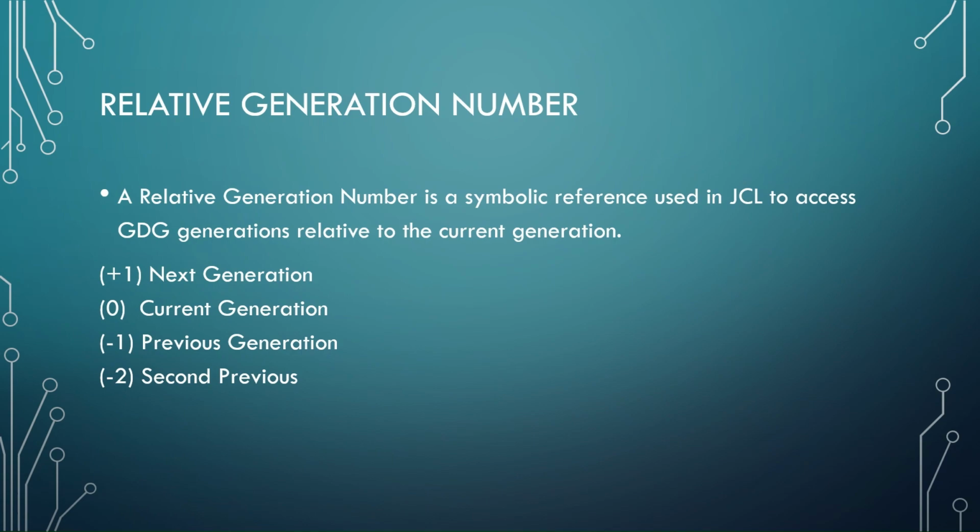GDG of minus 1 represents the previous generation. GDG of minus 2 represents the generation before that. So this makes coding simple and maintenance easy. Programmers can always refer to the dataset relative to the current generation without worrying about the actual generation names.